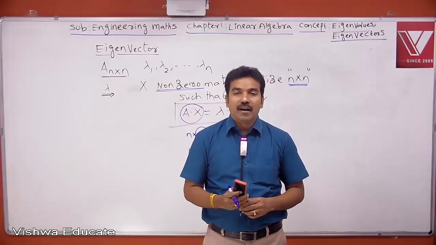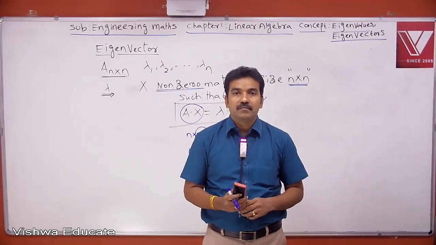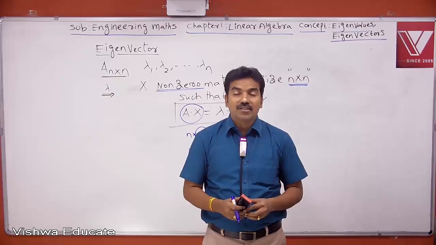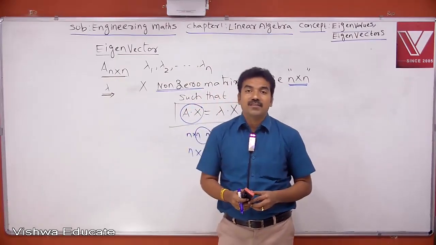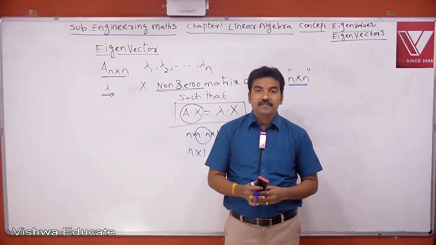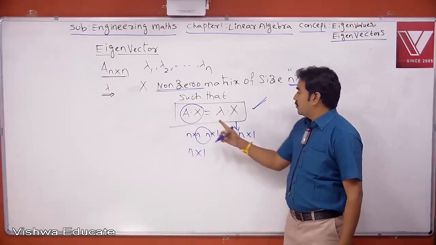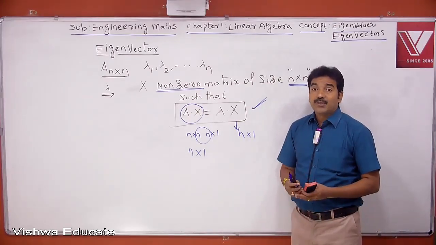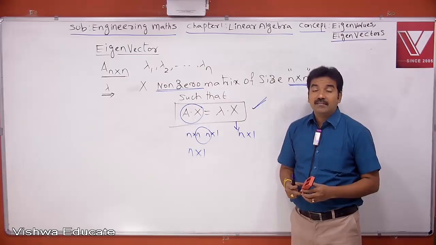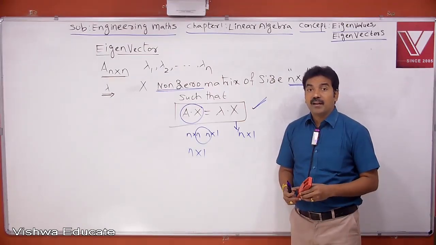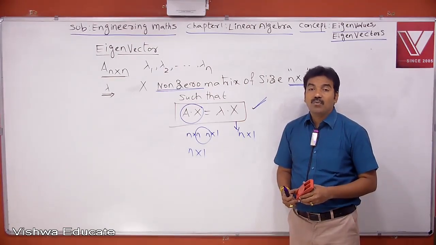If there exists a non-zero matrix X of size n cross 1 such that A into X equals lambda into X, then X is called an eigenvector of capital A with respect to an eigenvalue lambda.